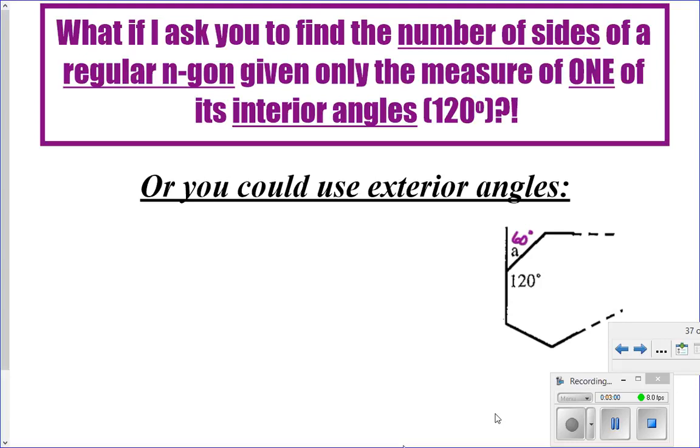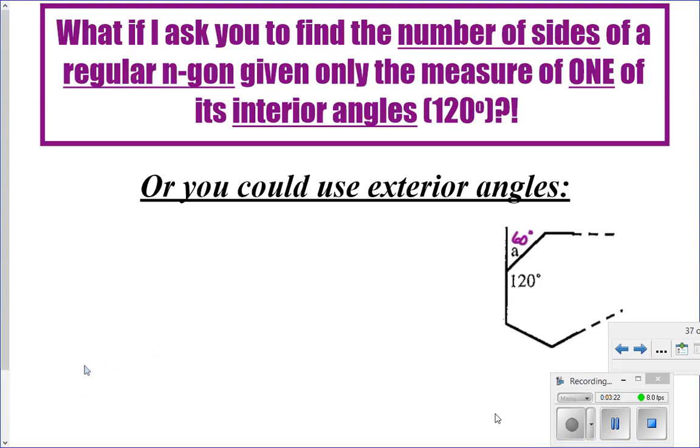Because it's a regular polygon, not only is that exterior angle 60 degrees, but all of the exterior angles measure 60 degrees. So what I can do is take the exterior angle sum formula and use that to figure out how many angles there are, which means how many sides.